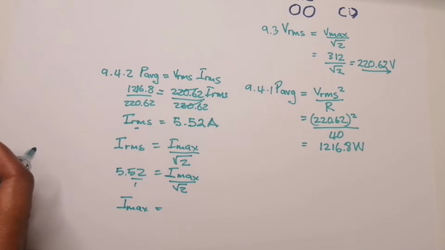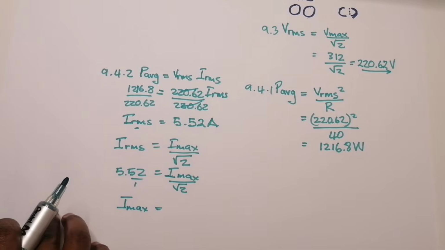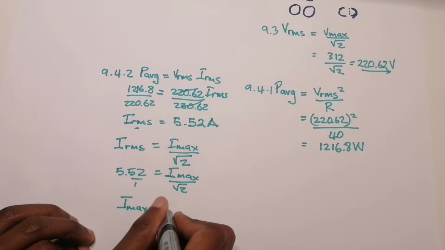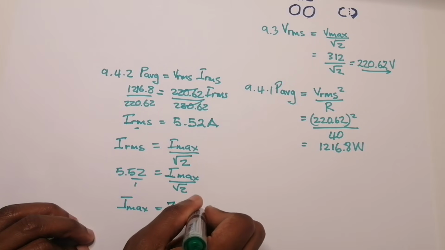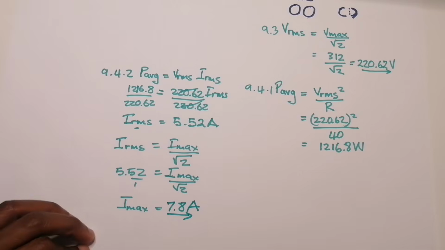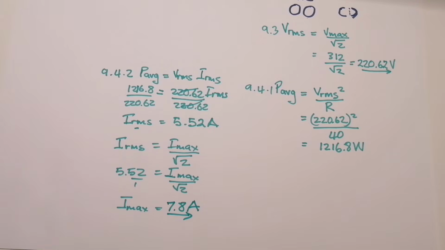So multiply that by the square root of 2, and I get a value of 7.8 amperes. So my maximum current would be 7.8.